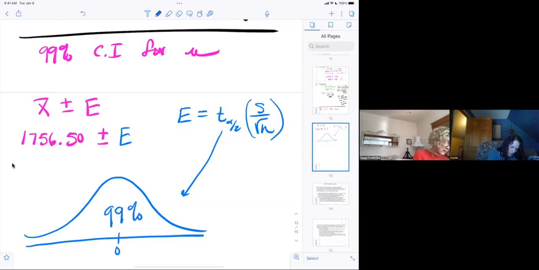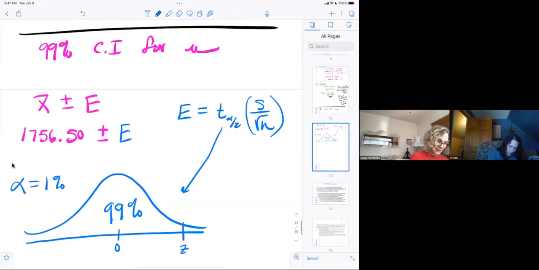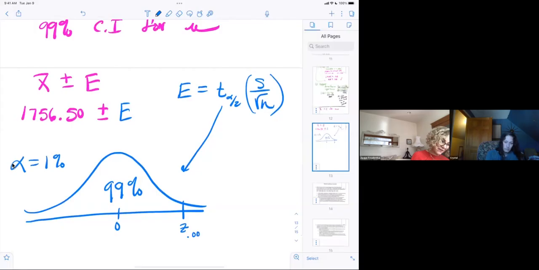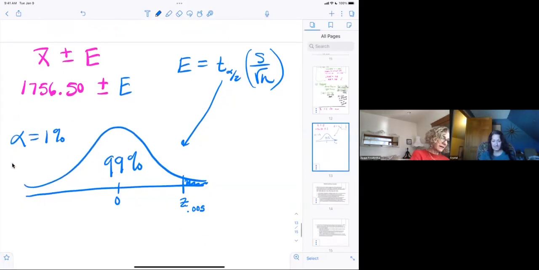99% confidence interval. So alpha is 1%. So Z sub 0.005, because it's only 0.5% in the top tail. I'm going to look for that value. Oh, I did it again, didn't I? I was giggling, sorry.